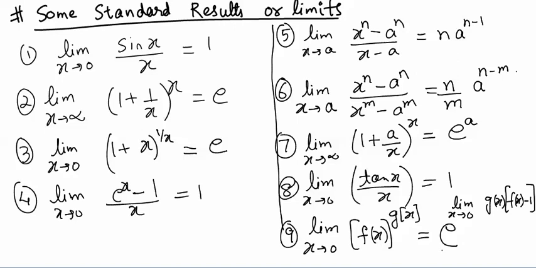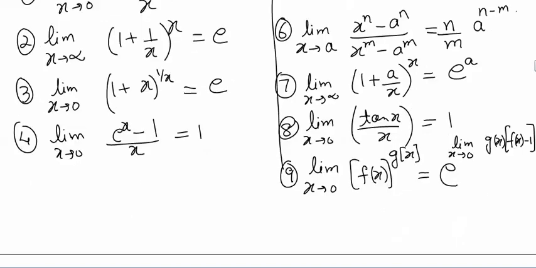So that is another important result which you can use n number of times, right? So these are some standard results which are handy for us, which will be useful for us in fact, right?